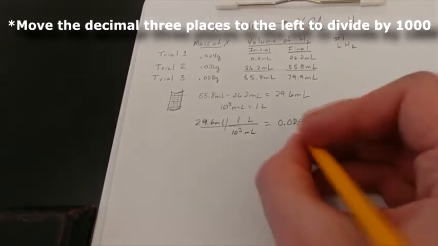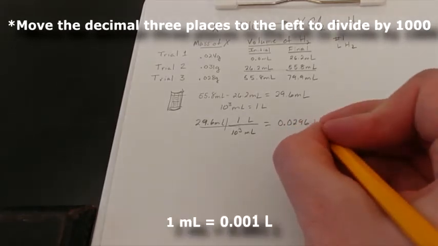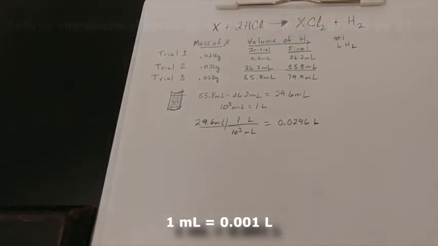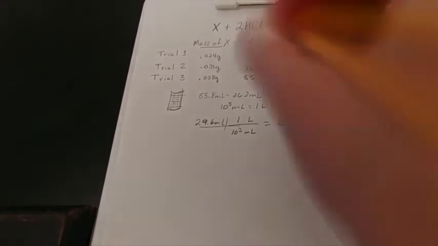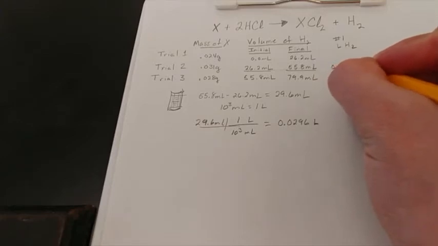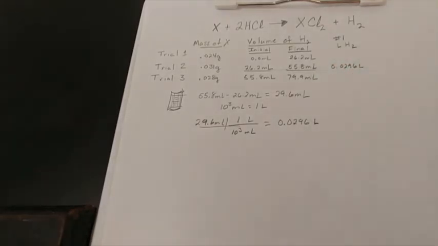So that's 0.0296 liters. Now, I can take those liters and move on from there. First, I'll go back and fill in my data point. And you'll just go back and do this for everything else as you're going along, right? You're going to fill in trial 1 and trial 3 and whatnot.